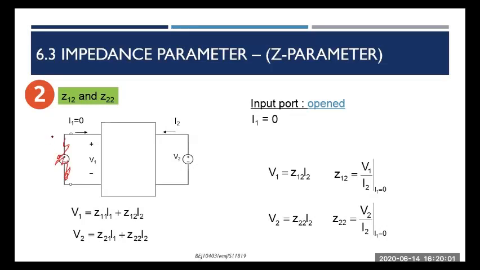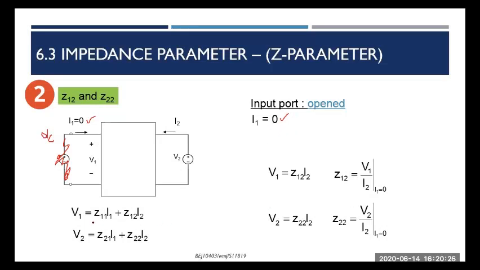By setting open circuit, you set the current to 0. It must be 0 with an open circuit. If you put a short circuit here, it means you get current, so that is wrong.